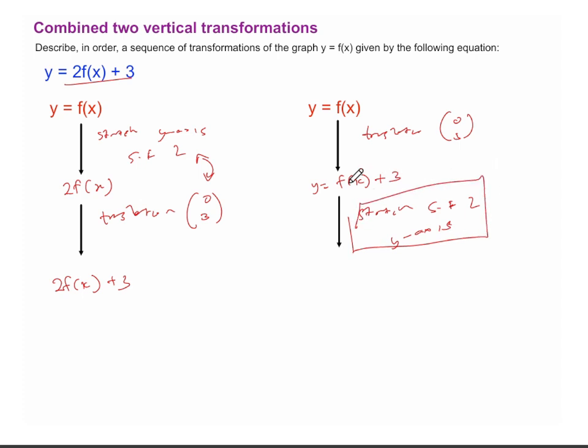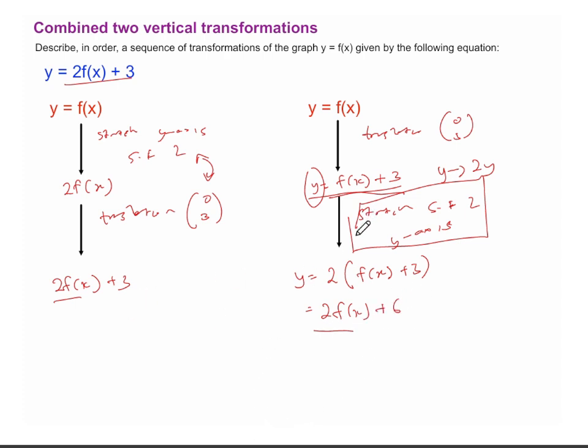It multiplies the entire equation by 2. And so what happens here is y equals 2 times f(x) plus 3, because now this whole thing is your equation. This just makes y into 2y, which means it changes this entire thing into 2 times that entire thing, which gives us 2f(x), the same as the first one. But then we have plus 6 instead.